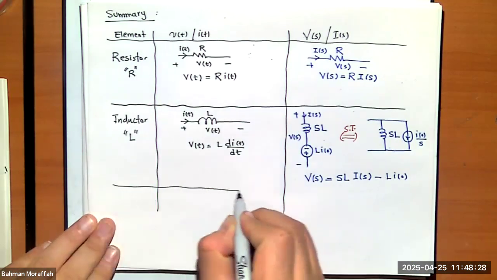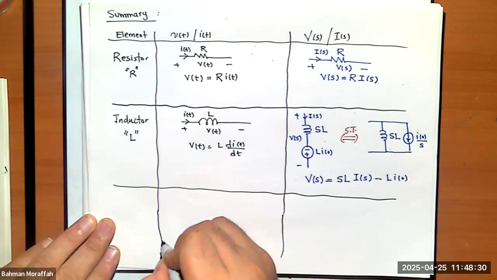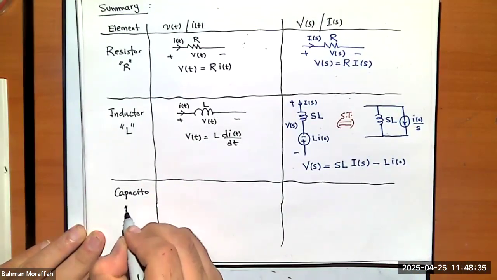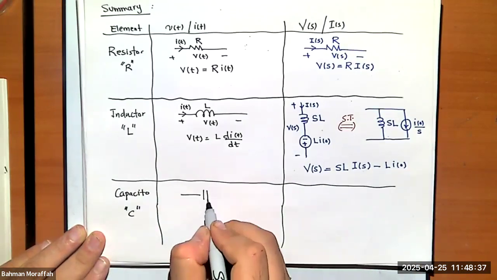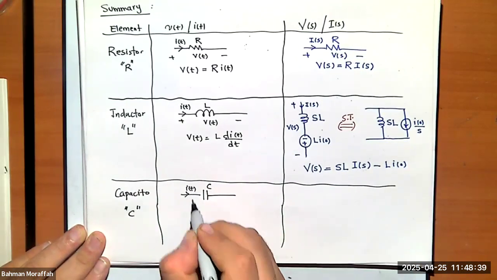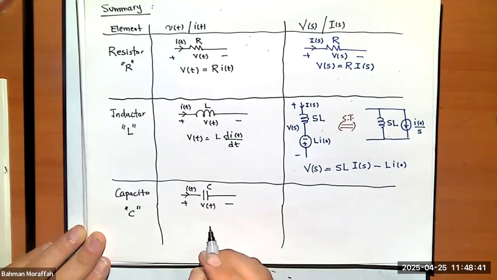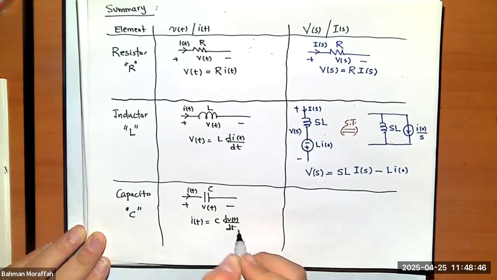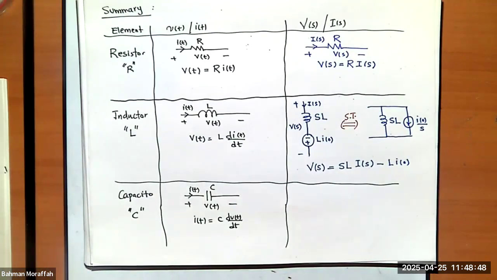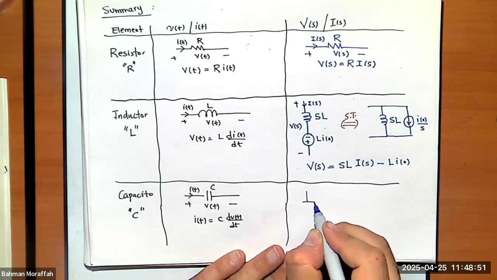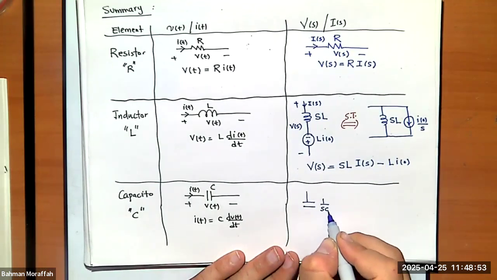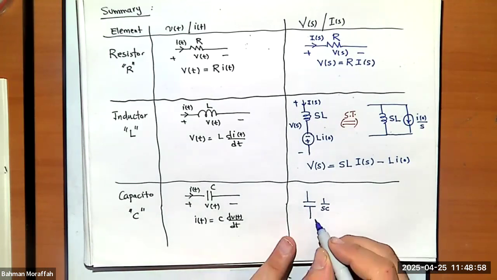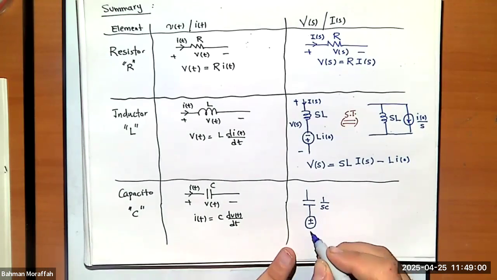And the same thing for the capacitor. So if I have a capacitor, value C, let's just say current through it is i(t), voltage across it is v(t), and i(t) is C dv/dt. So we can replace this capacitor by its equivalent, which is 1 over sC, but that's not enough. So we have to have some voltage source followed by that.